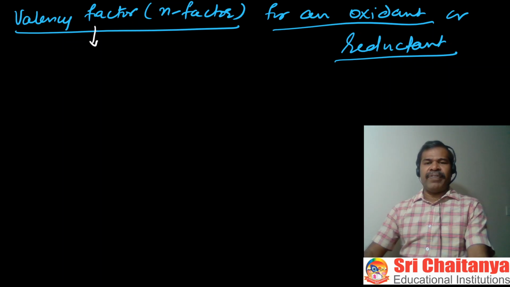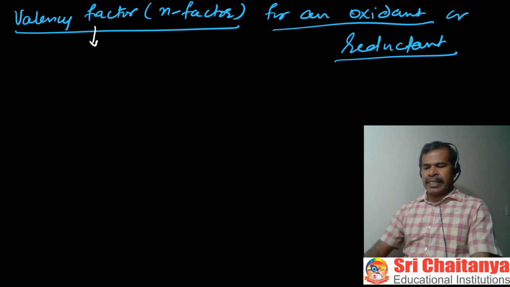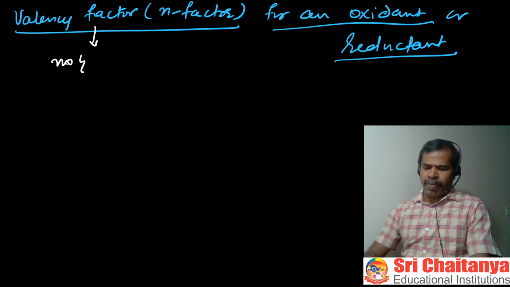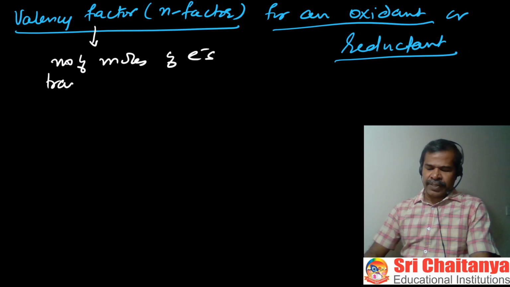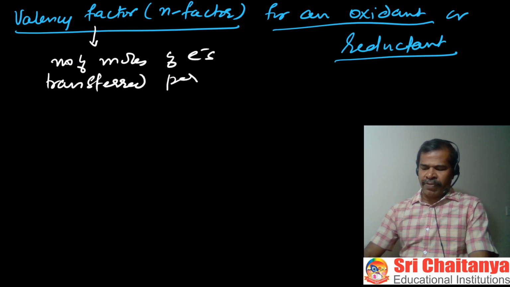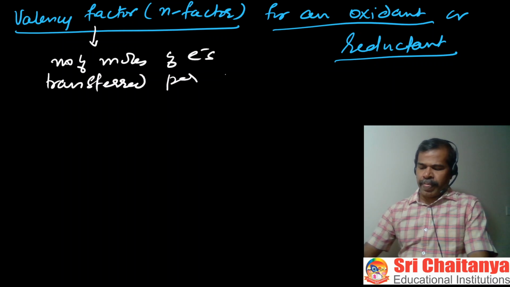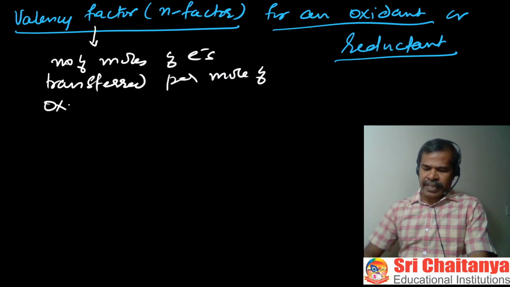So the valency factor for an oxidant or reductant is the number of moles of electrons transferred per mole of oxidant or reductant.